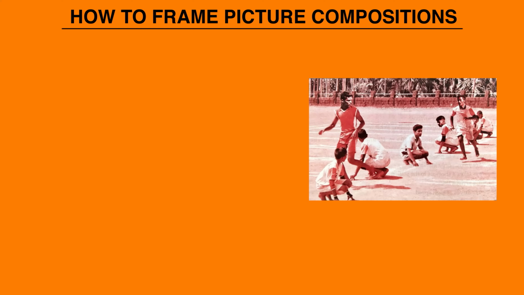Maybe you'll write something like a running race or some other relay race, but that is where you will be mistaken. I deliberately use this picture here because this is a game that is being played, and the name of this game is Kho-Kho. And it's a very, very famous game.